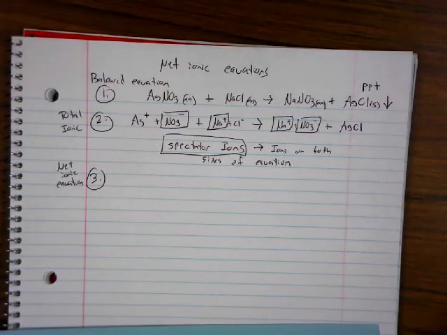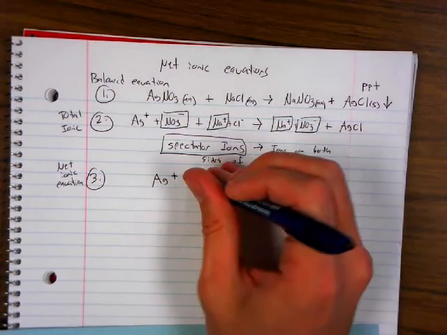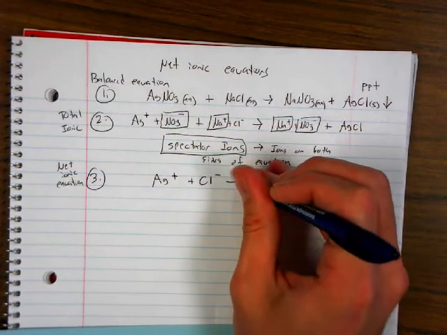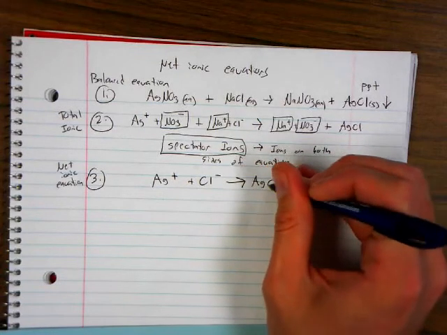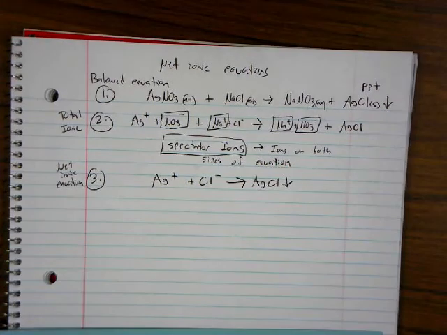Step 3 is my net ionic equation. I guarantee you, 120%, you will be writing a net ionic equation on the AP Chem test. Guarantee it. Every year. So my net ionic equation is what's left.